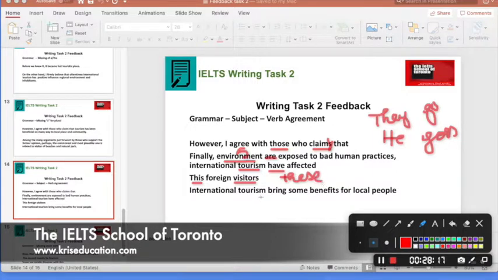"International tourism bring": tourism is singular, bring is plural. International tourism brings some benefits. So be careful. If the subject is plural, the verb has to be plural, and if the subject is singular, the verb has to be singular too.